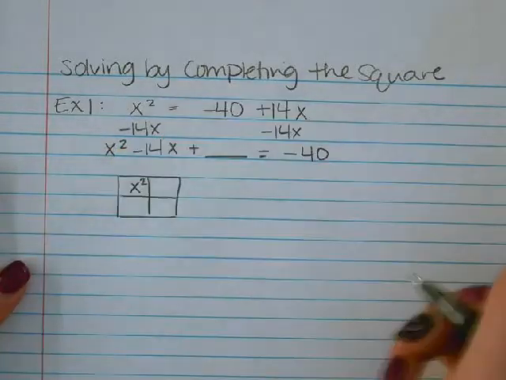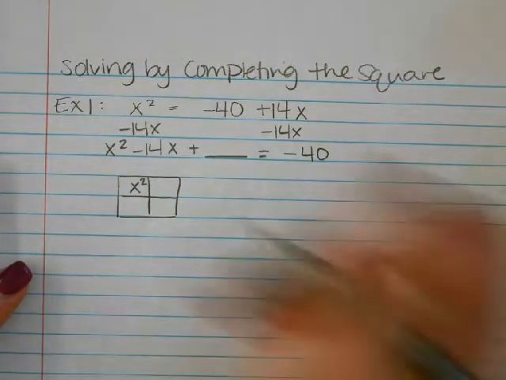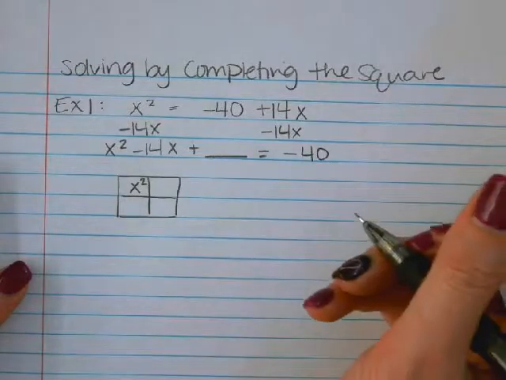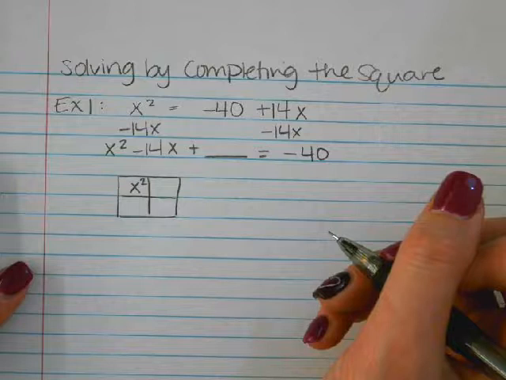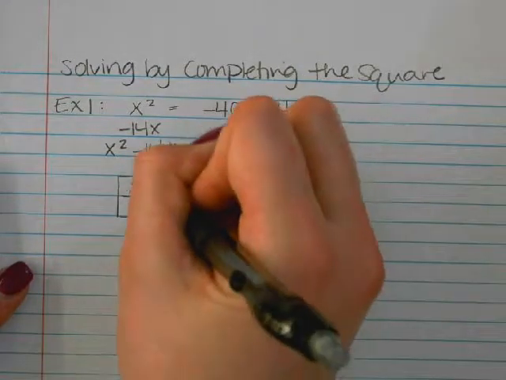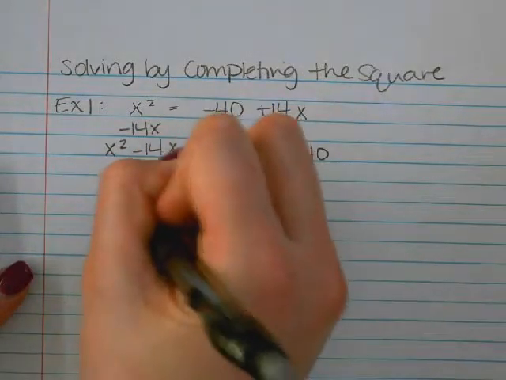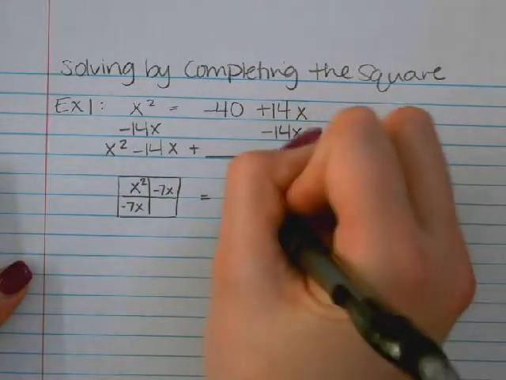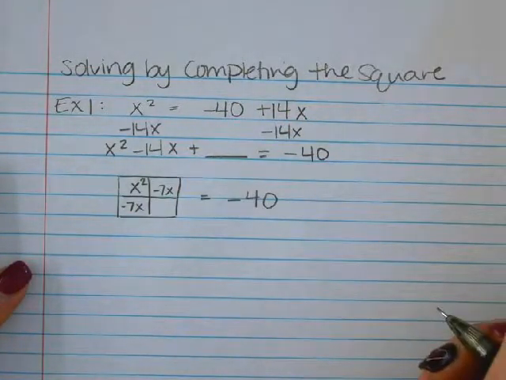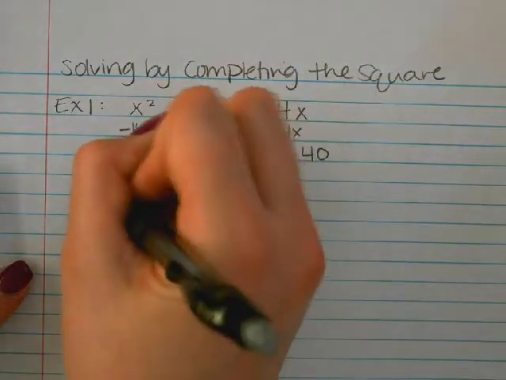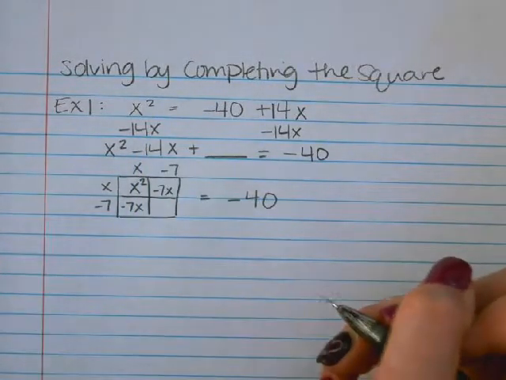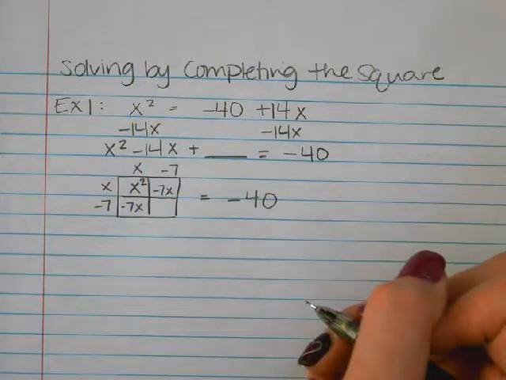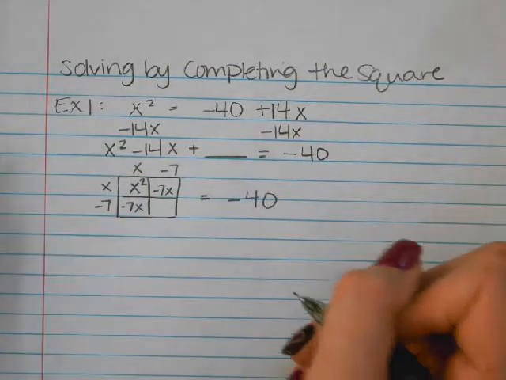So we've got x squared, and then how many x's go in each corner? 7. Perfect. So they're both negative. So what number completes the square? 49.